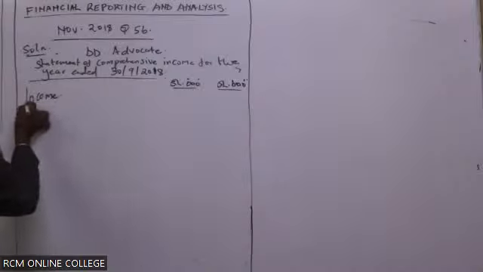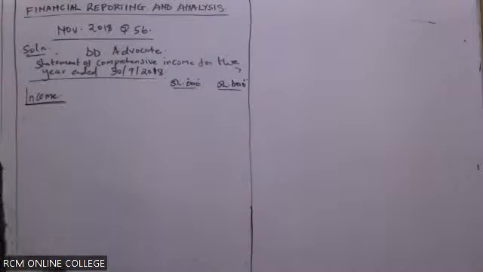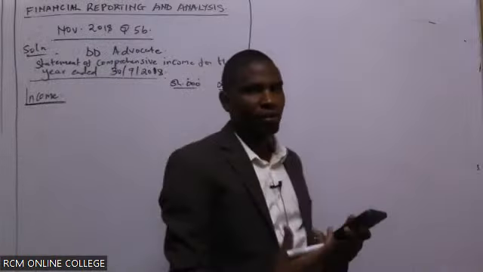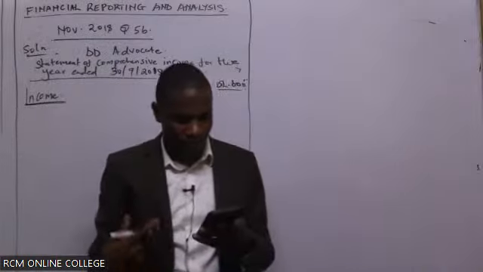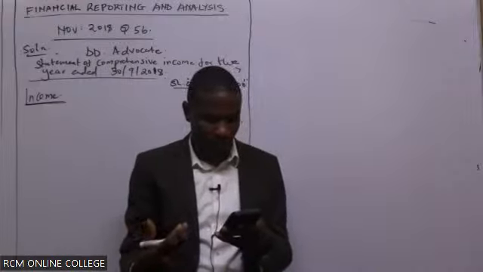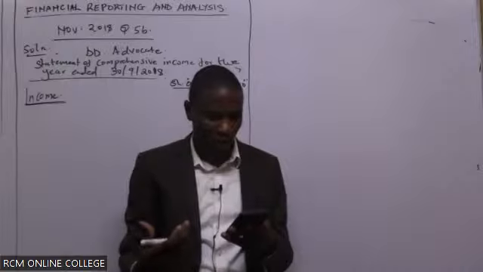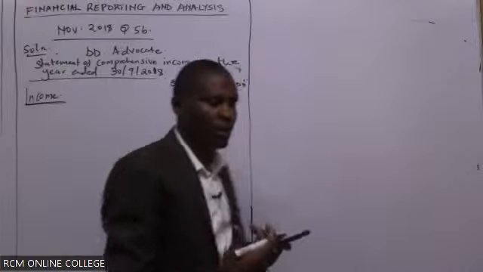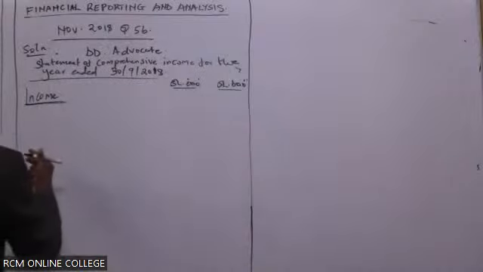From the income, we can see the charges. They charged for civil cases, criminal cases, conveyance fee and preparation of will. So those charges are income to the advocate.